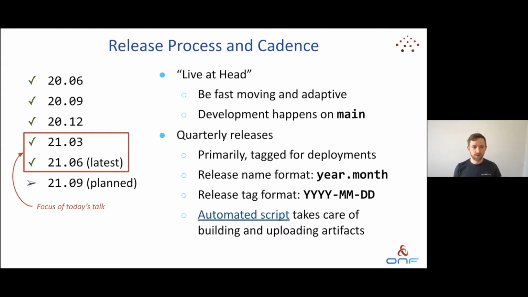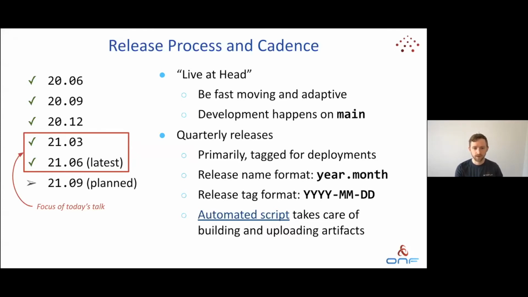And then for deployments, we provide periodic releases. These are quarterly releases, and they follow this year-month format. If you're looking at the source code, you'll see tags, which are fully qualified year, month, day. And we've got automated scripts that take care of building and uploading all of these artifacts to GitHub and Docker Hub for deployments to take advantage of.